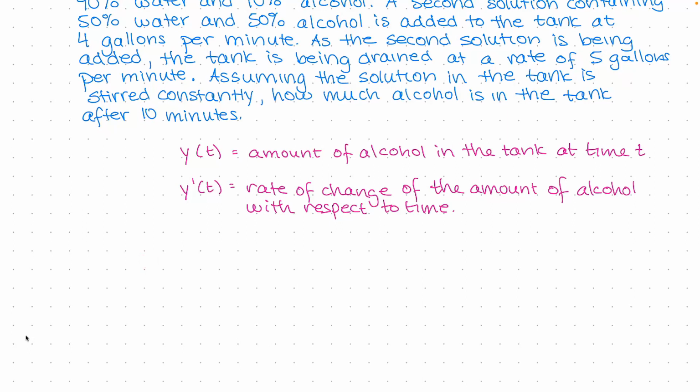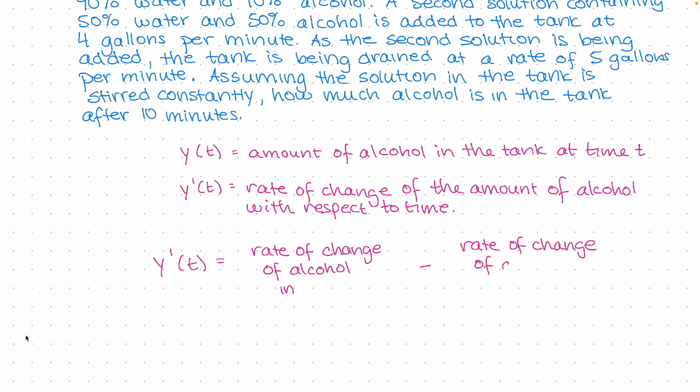That means that y prime of t is, now I'm going to be a little loose here, the rate of change of the amount of alcohol in, minus the rate of change of the amount of alcohol out.